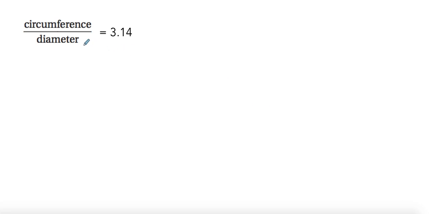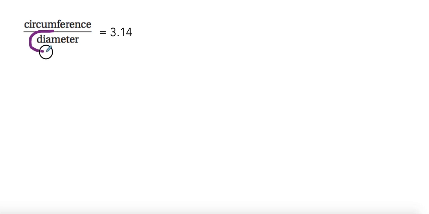So as we just saw, our formula is circumference divided by diameter is equal to 3.14. But I want you to take a moment to think how I can use this information to solve for circumference.